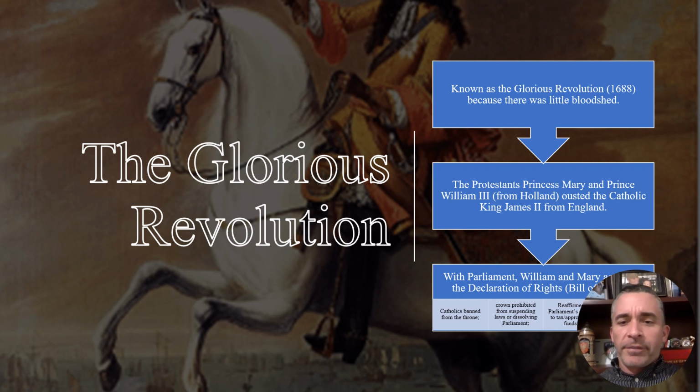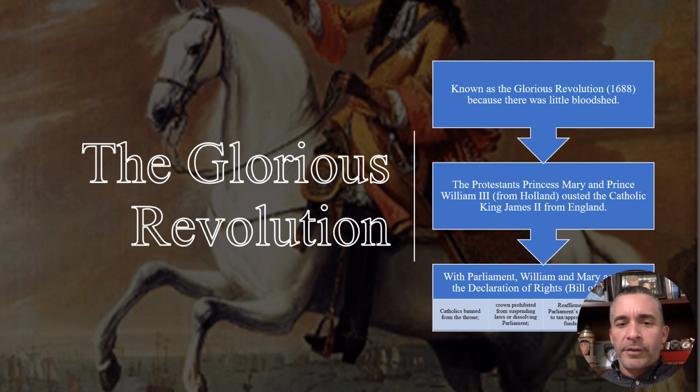So James II was deposed. He was kicked out of England in a coup by Prince William III of Holland, and Prince William was married to James II's daughter Mary, who was a Protestant.